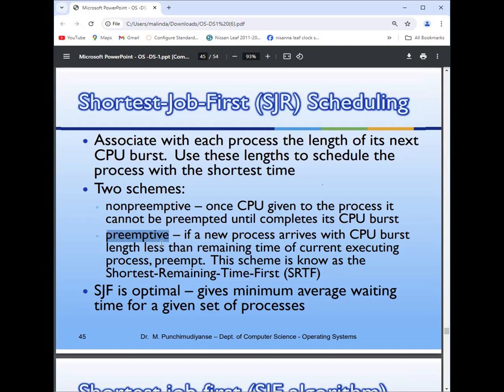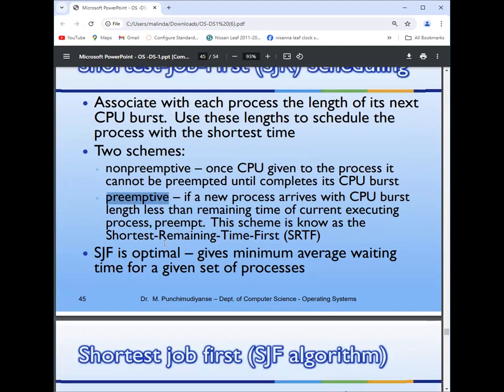So these two schemes can be used, because if the remaining time of the job on the CPU is larger than the one coming in, then we can simply say, okay, you go out, I have a shorter job that I can run.